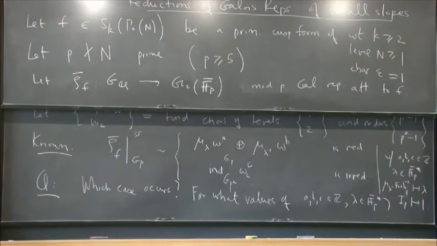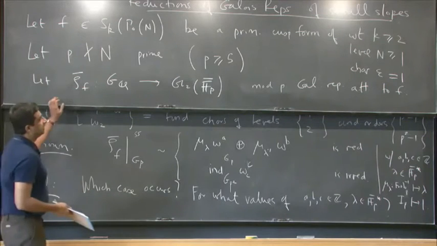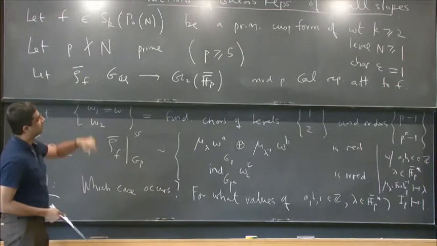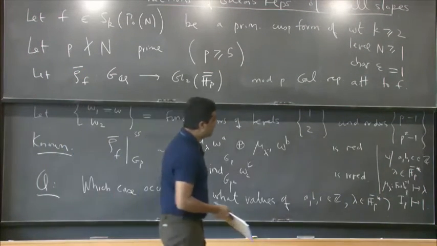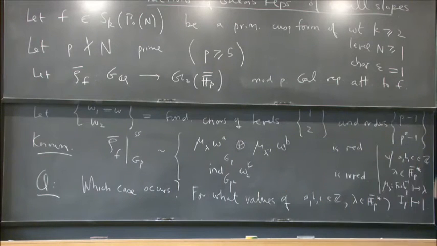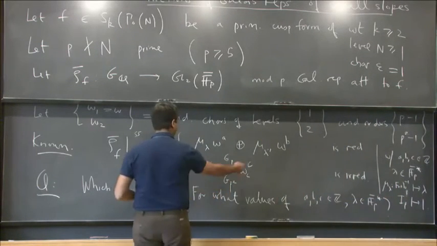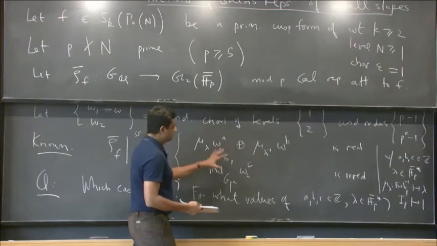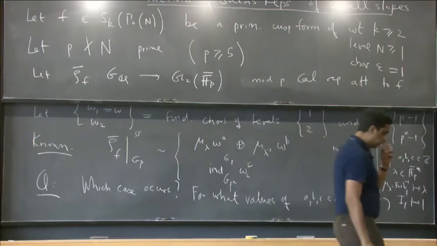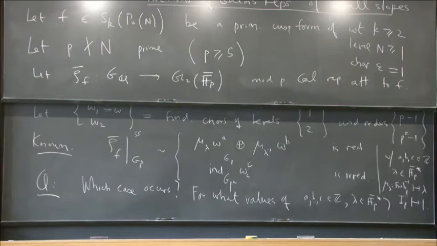Notice as you vary through, if you fix the prime p and vary through all modular forms of all weights and all levels N prime to p, there are infinitely many modular forms and Galois representations, but this is more or less a finite thing, right? These characters have order p minus 1, so there are finitely many exponents here, finitely many exponents here. So this is sort of infinitely many things falling into finitely many buckets, and you want to understand which bucket you fall into.